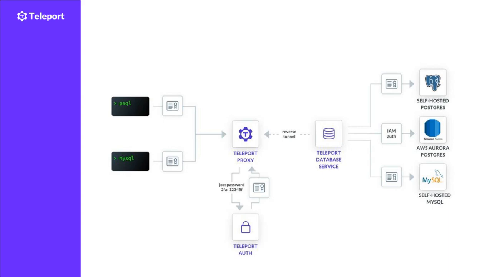You can use IAM specifications as you're connecting to things like Aurora, or we also support self-hosted, which simply uses certificate authentication, which is basically allowing the Teleport auth service to connect through, and then allowing it to connect the user as another user that's authorized.